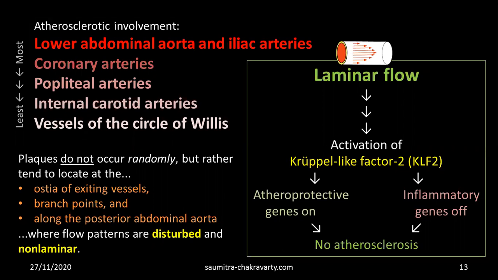But the atherosclerotic involvements in the lower abdominal aorta and iliac arteries are in very high caliber vessels, and they have some collateral supplies and other measures that prevent clinical manifestations from developing early. So although they are the most common sites for atherosclerotic involvement, they are not the most clinically relevant places. Did I make myself clear?